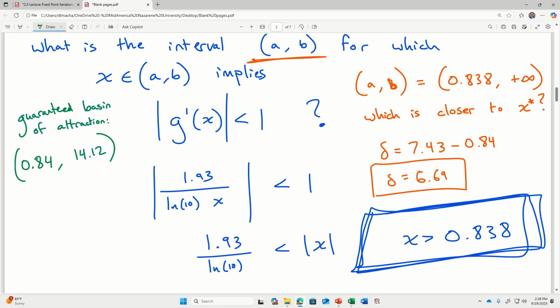Do you see how I got that? It's the fixed point minus the radius and the fixed point plus the radius for the guaranteed basin of attraction. Where my fixed point is about 7.43, yeah.